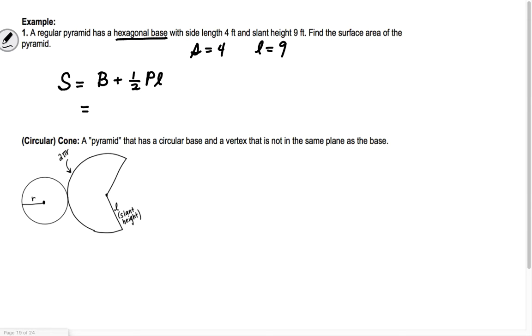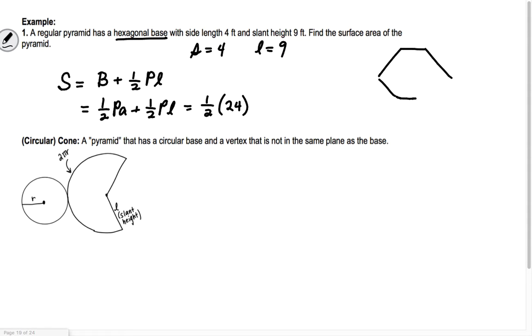Since it has a hexagon for its base, we know to find the area of a hexagon, we do 1/2 PA. So we're going to have 1/2. Our perimeter of our base is what? We have 6 sides. They're all 4. So 24.